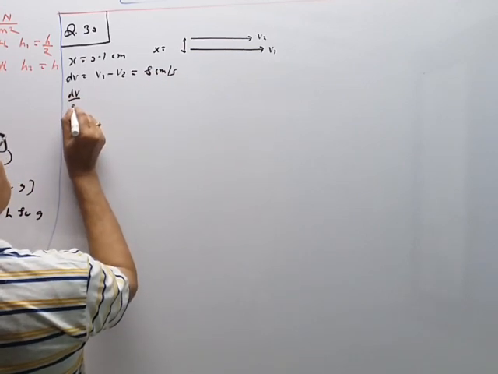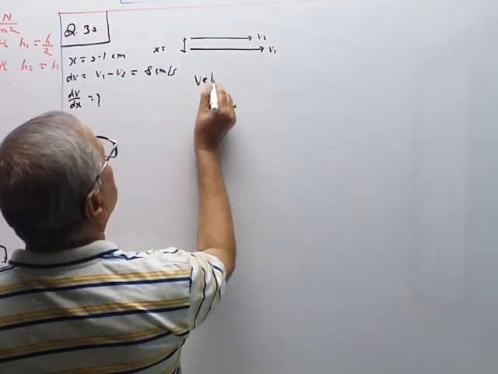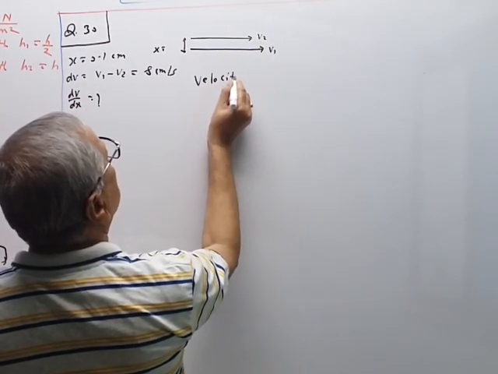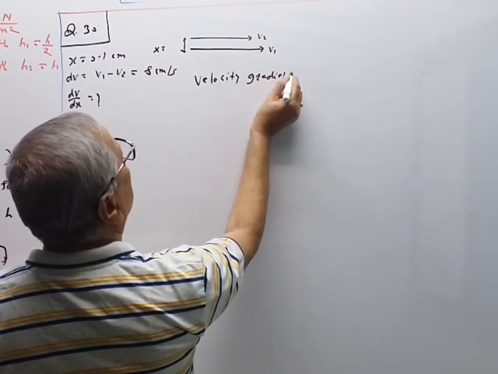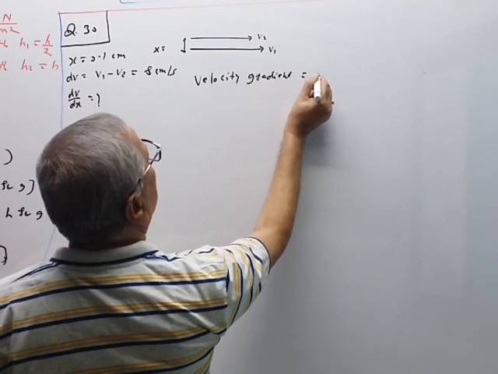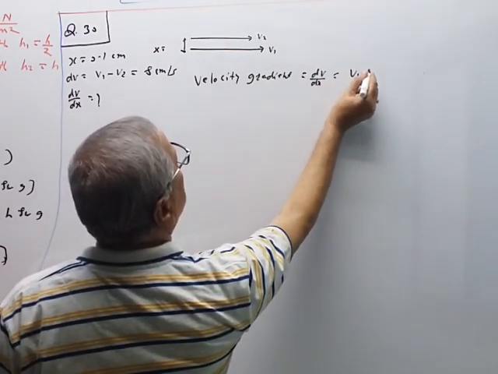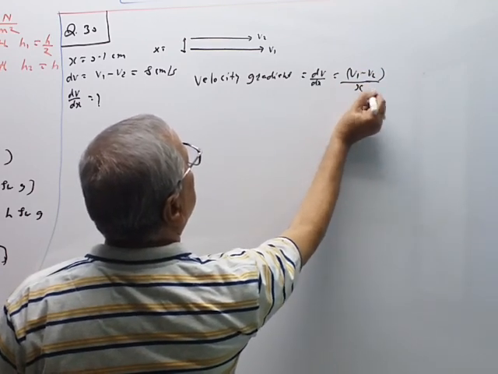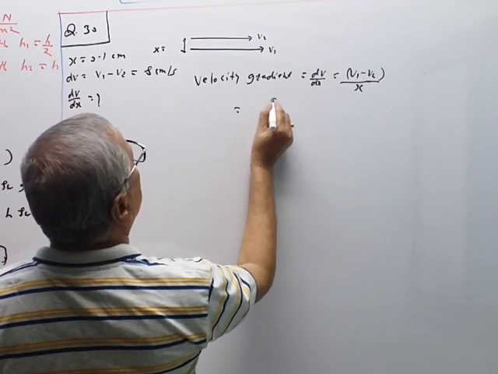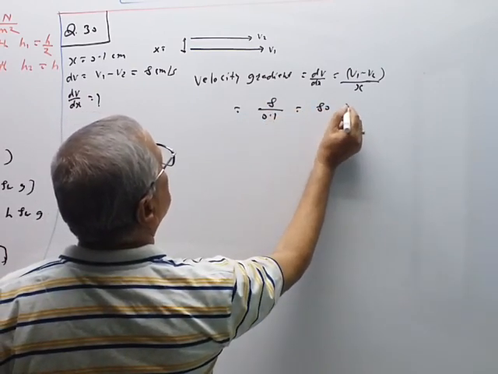Therefore the velocity gradient dv by dx is equal to the difference between the velocities of the two layers divided by the separation between them. So this is equal to 8 centimeter upon 0.1, that is equal to 80 per second.